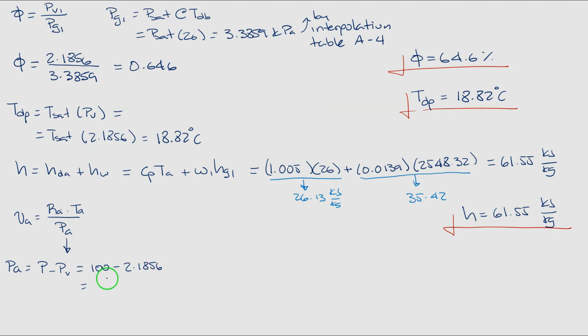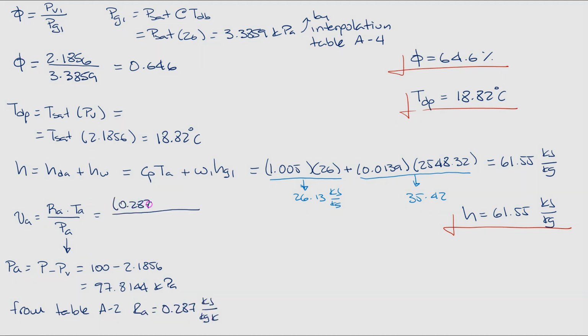The partial pressure of air is 97.8144 kilopascal. And we know from the table the gas constant of air. So substituting, plus 273 to convert to Kelvin, finally we got this value. This is the specific volume of air.